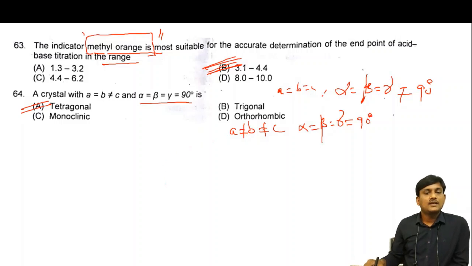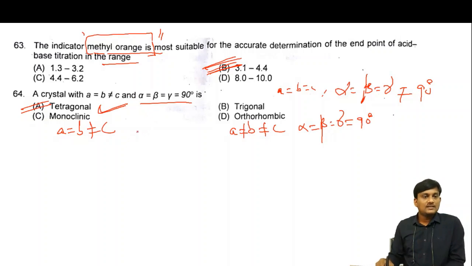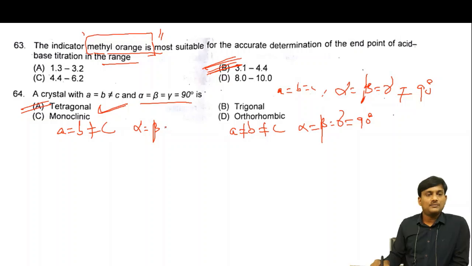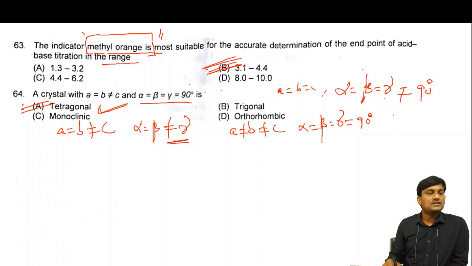If you take monoclinic, A is not equal to B, not equal to C, alpha is equal to gamma, and beta is not equal to 90 in the case of monoclinic. So what is the correct option? Tetragonal is the correct option. A is the correct option.